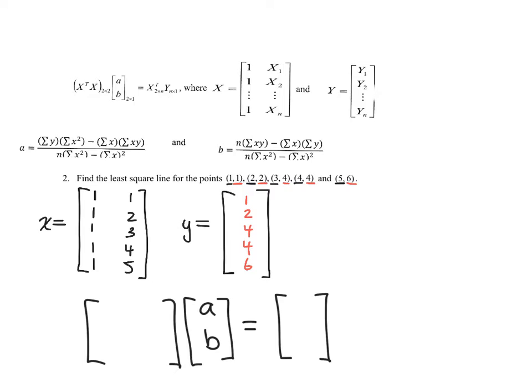We're multiplying that by matrix A. That gives us our first entry: 5, 15, 15, and 55. What I'm going to do is store that in as matrix C, because I'm going to need that again in a minute.